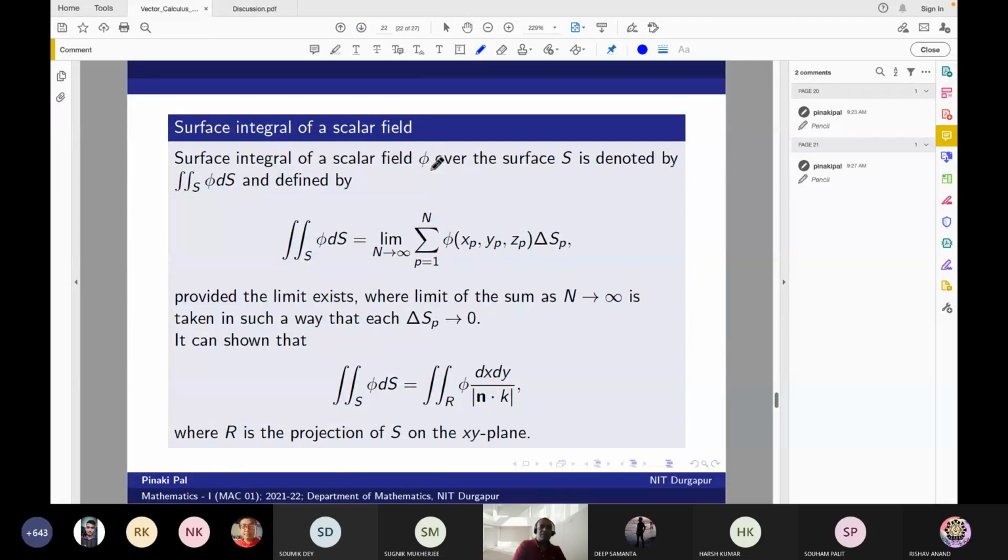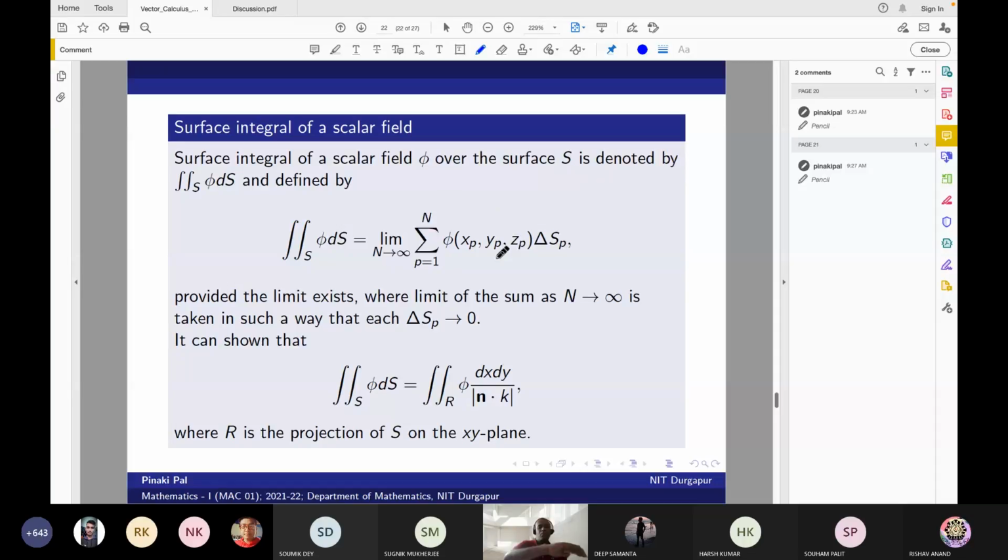So instead of a vector function, if you have a scalar function defined in that region, on that surface S, then similarly we can define a surface integral involving this scalar field. How can we do this?